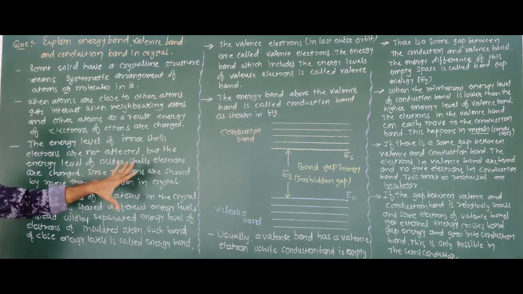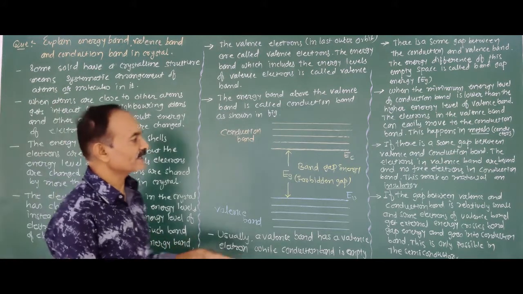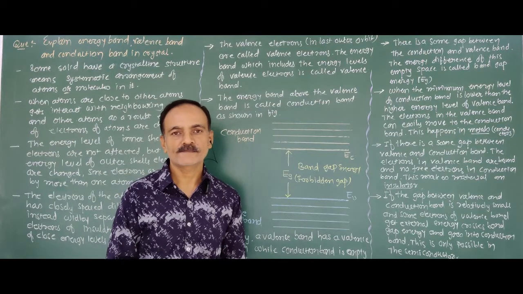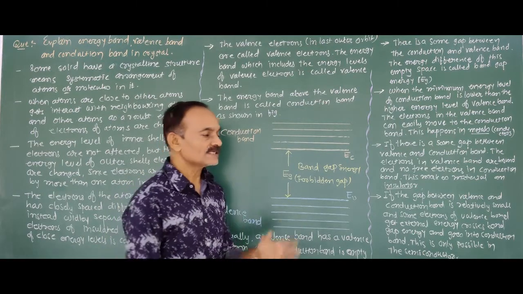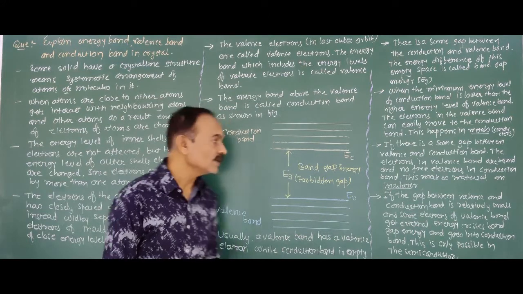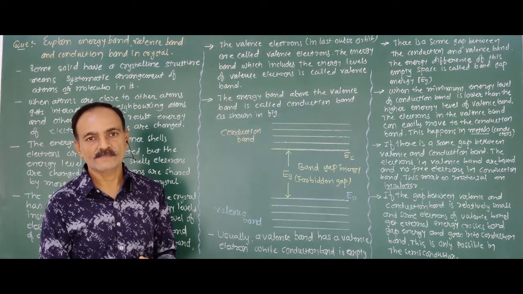That is also for our understanding and knowledge of why N-type and P-type semiconductors differ, and what is the difference between conductor, insulator, and semiconductor on the basis of the energy band diagram.